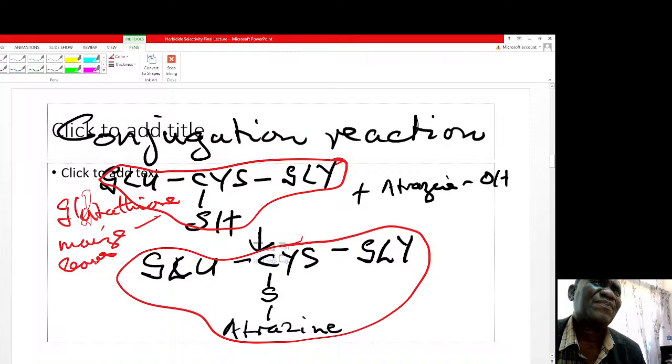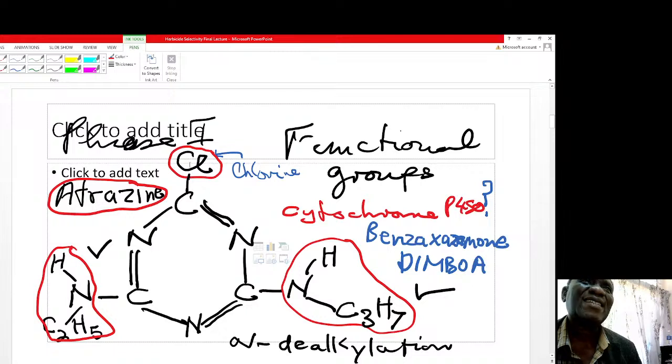But this is coming from glutathione combining with the OH. But glutathione can actually go straight for the atrazine molecule and attack it at the Cl group or the chlorine group without waiting for the formation of the hydroxyl or the OH.